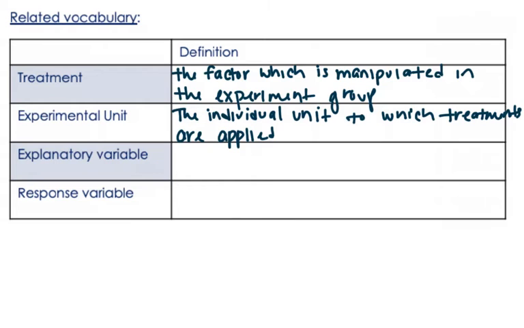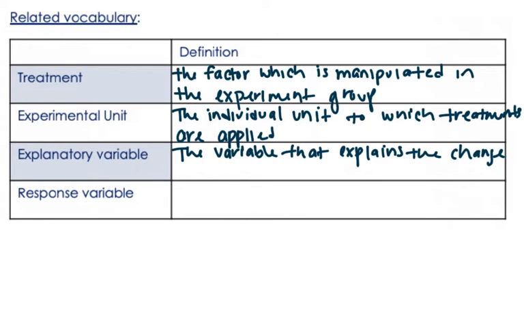Alright. Then there's an explanatory variable. So that is the variable that explains the change in the response variable.